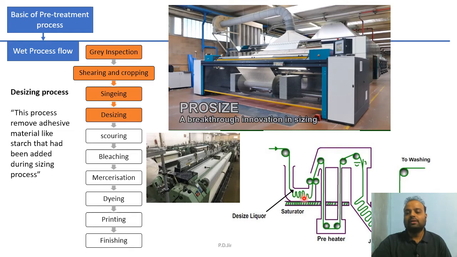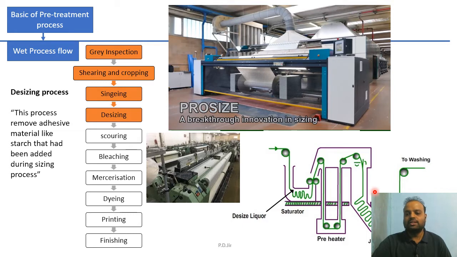Once the fabric absorbs this desizing liquor, it is passed through the preheater. Here the fabric is heated at a certain temperature and then again passes over, and is placed into the J box. In this J box it is systematically piled up, and here it receives some time where the desizing chemicals attack the starch material and desizing takes place.